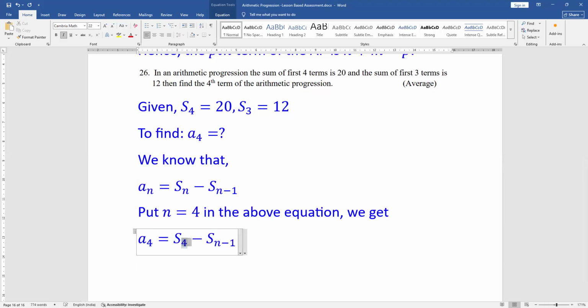So A4 equals S4 minus S3. What is S4? It's 20, correct? And S3 is 12. So 20 minus 12 will give you 8.